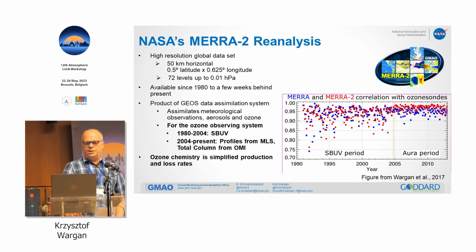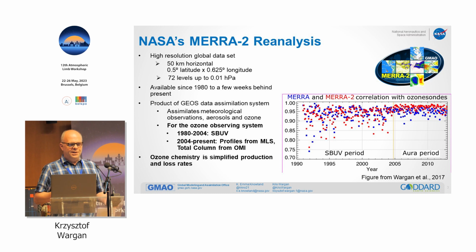The plot on the right is from a validation paper for MERRA-2 ozone. It highlights one of the issues that we always face when we try to stitch together different data types. We have this period up until late 2004 where MERRA-2 assimilates BUV ozone and then switches to MLS and OMI.